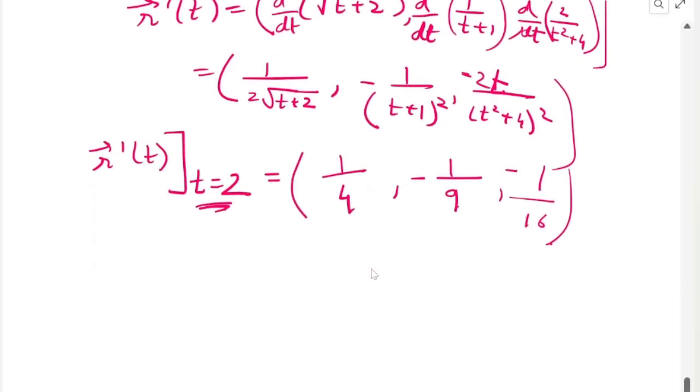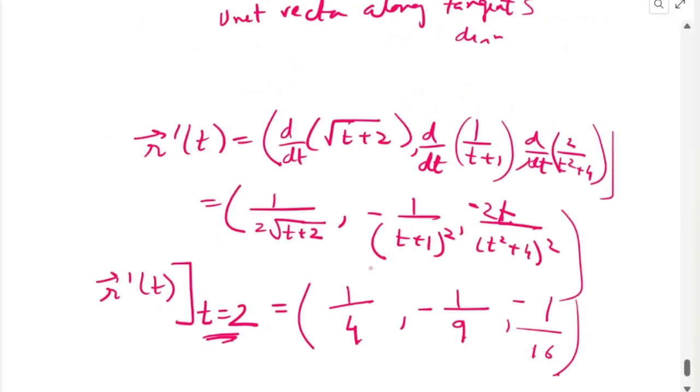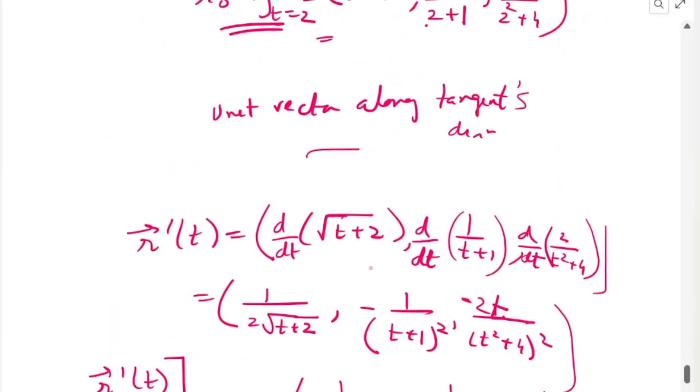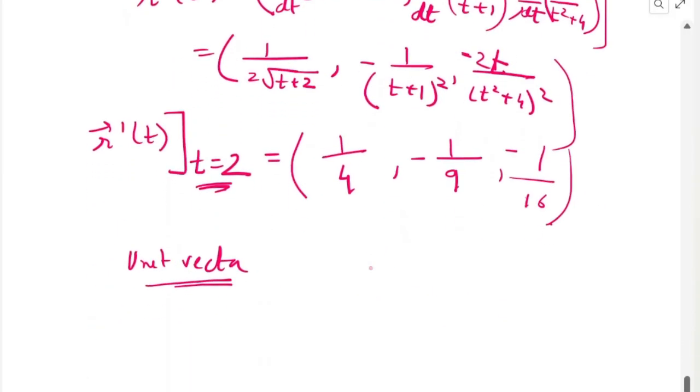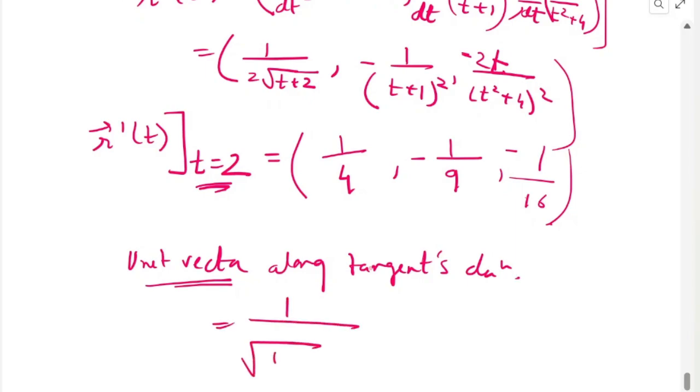So now you can find the unit vector, as I asked for, along tangent direction. It will be nothing but this thing, just normalize. So you have to just know this thing. I need not do it actually here. You can understand on your own and complete it.